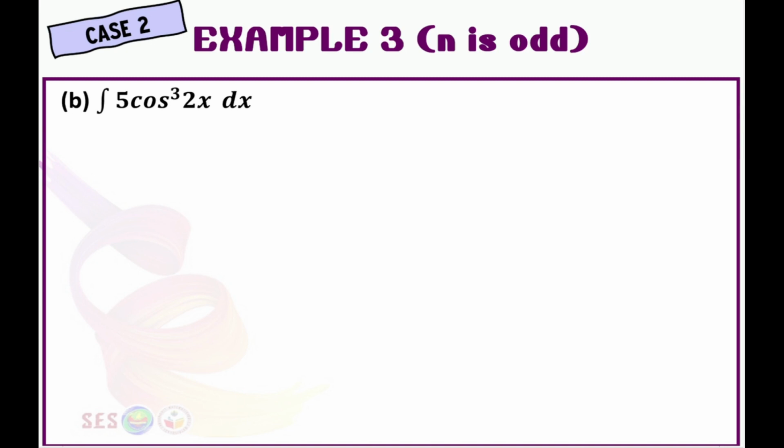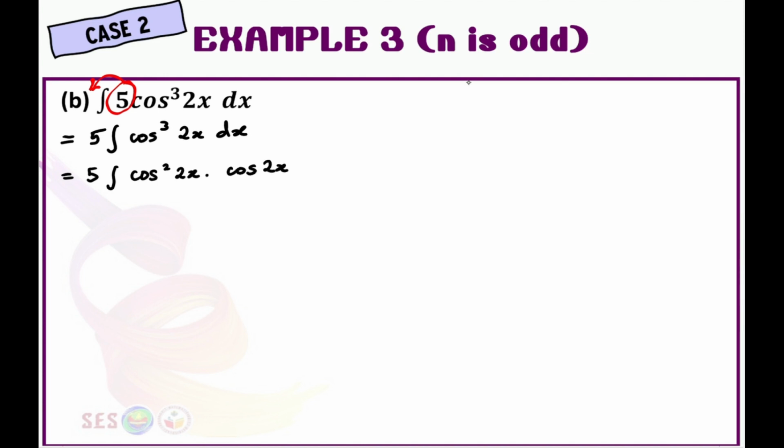I have integrate 5 cos cube 2x dx over here. First step, I will take out 5 from the integration, so I will have 5 integrate cos cube 2x dx. Now I'm going to split the power to power 2 and power 1. For the theta here, just follow everything. If your question has theta as 2x, then everyone has 2x as theta.